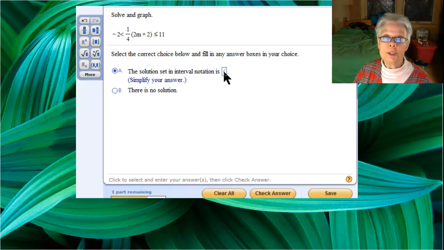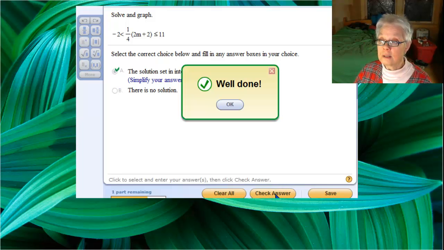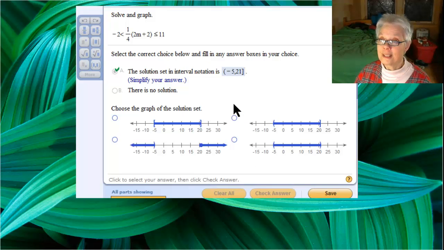So I'll put my answer in the answer box. It's going to be parentheses, negative 5, comma, 21, bracket, check answer. Well done.